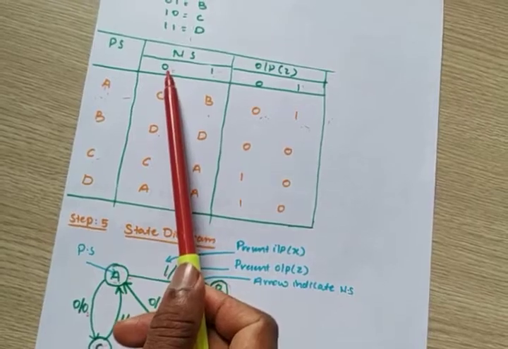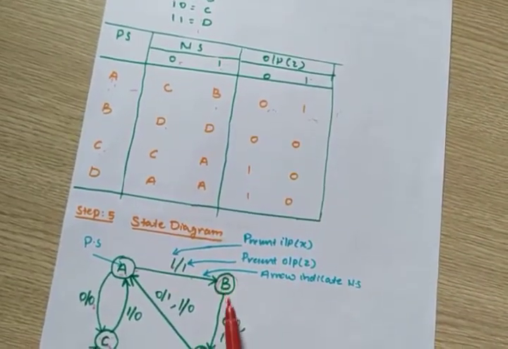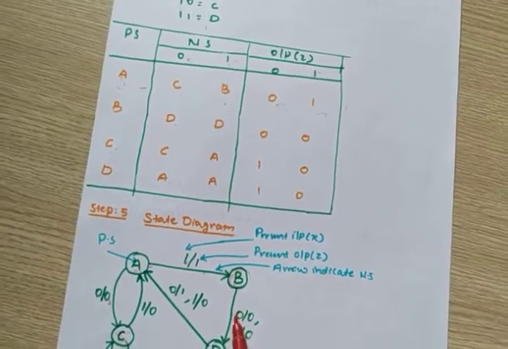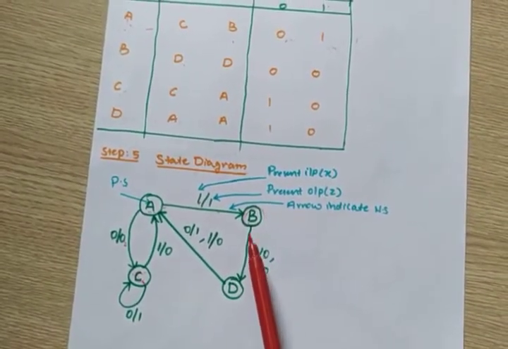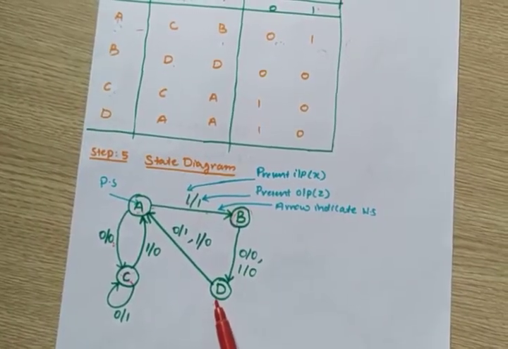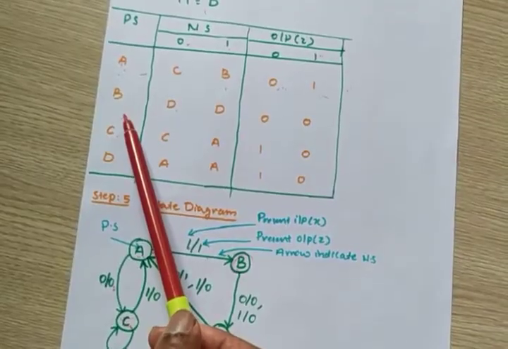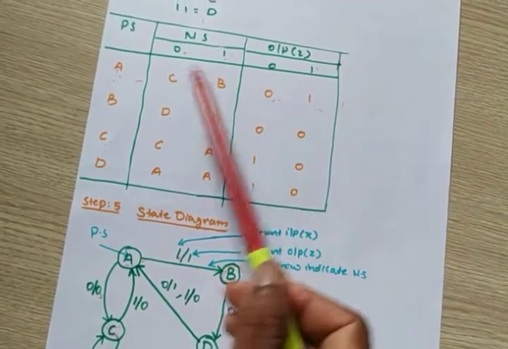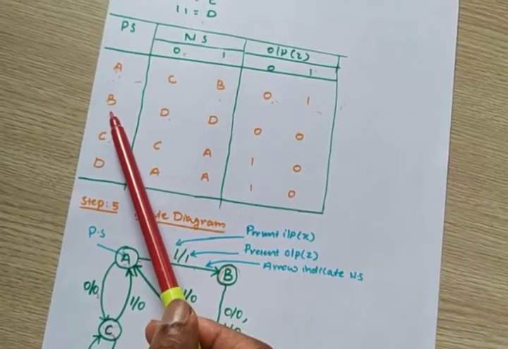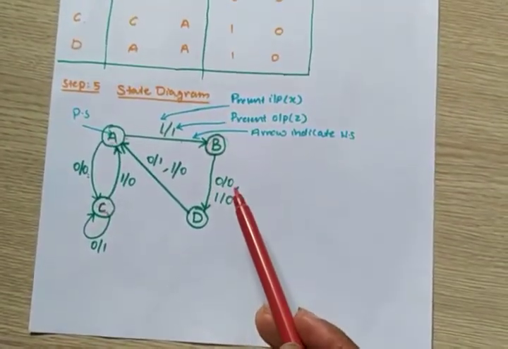For 0 input, it will change to state D. So B state 0 input, it will change to D state, and what is the output? 0. Why? Because for state B, 0 input, the output is 0. That's why I am writing like this, 0 bar 0.